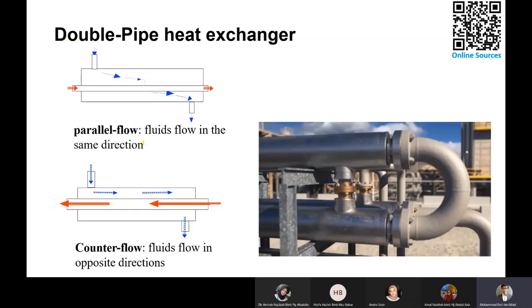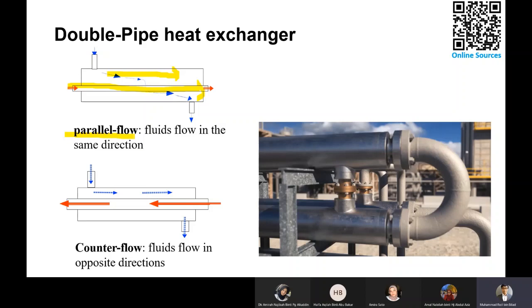What does that mean? For example here, the general flow of the blue liquid is from left to right, and the general flow of the red arrow here is also from left to right. When you have this kind of flow configuration, we call it a parallel flow heat exchanger.